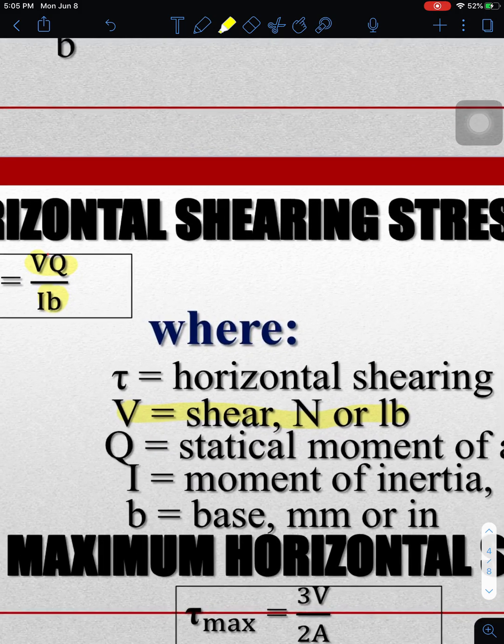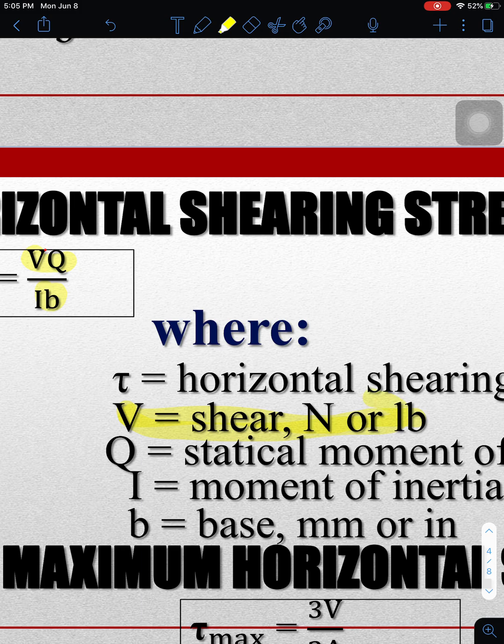By the way, let me just stress this out. Whenever we get the maximum shearing stress, we have to make sure that we are looking at the maximum shear force in the shear diagram, meaning the largest value that we can find in the shear diagram regardless of its sign, whether negative or positive.